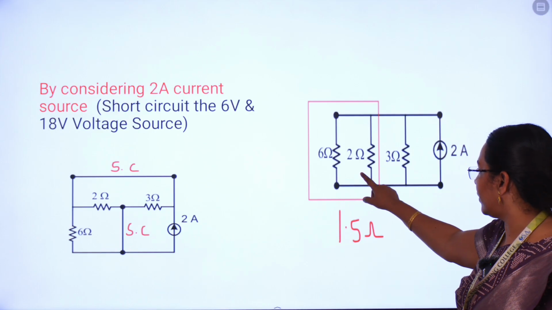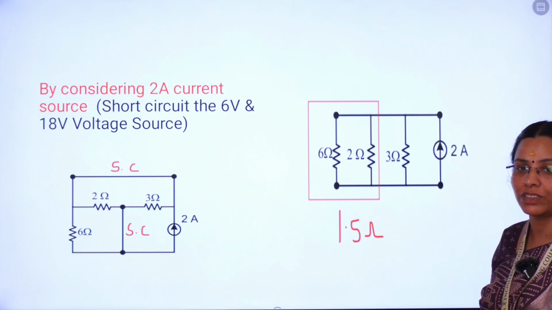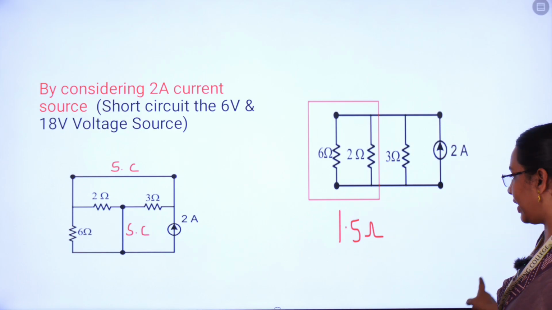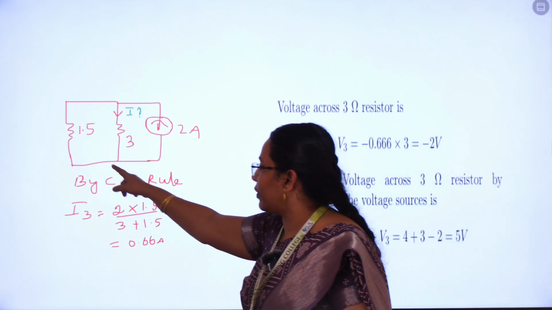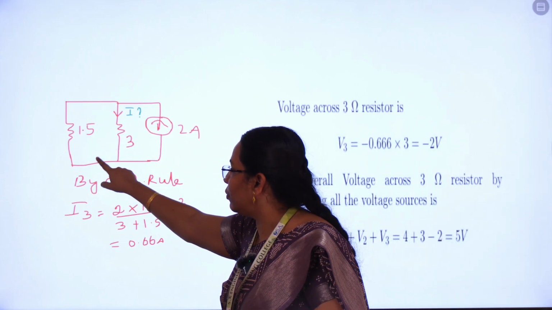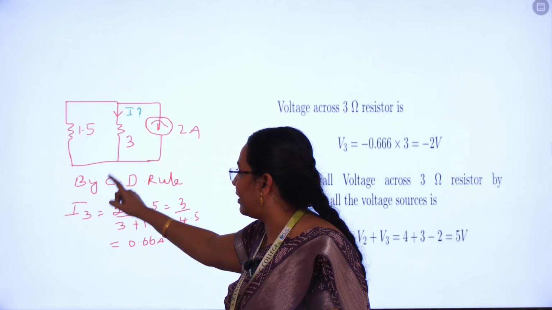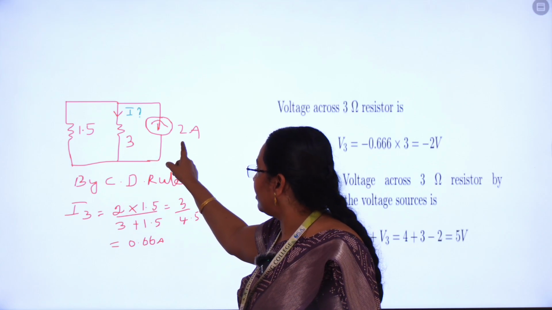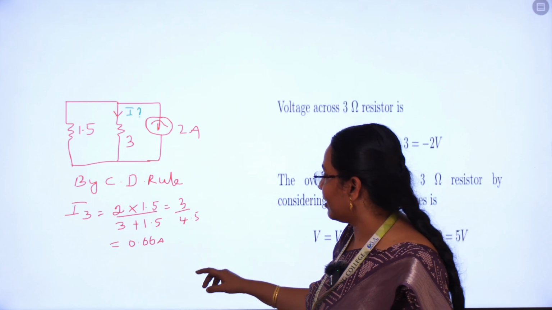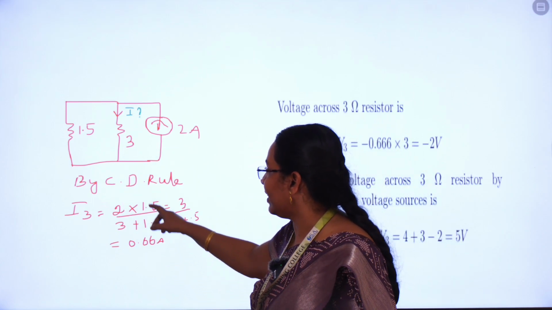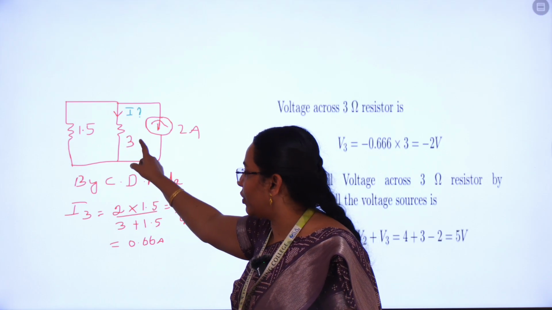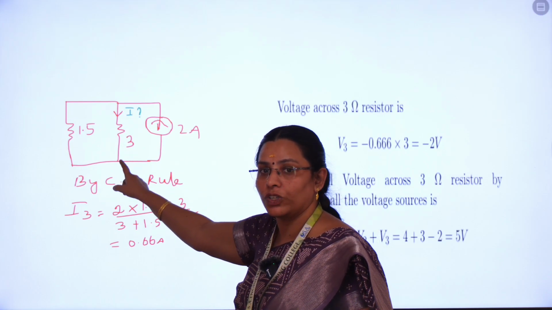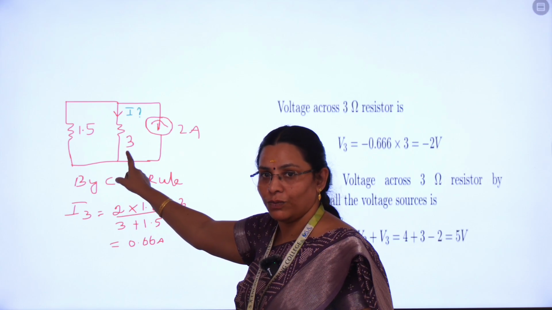This 1.5 as well as 3 ohms are again connected in parallel with 2 amps. Again we are going to calculate the current flowing through the 3 ohm resistance, because we are going to find the voltage across the 3 ohm resistor.